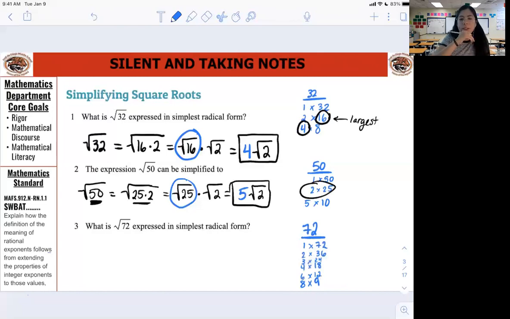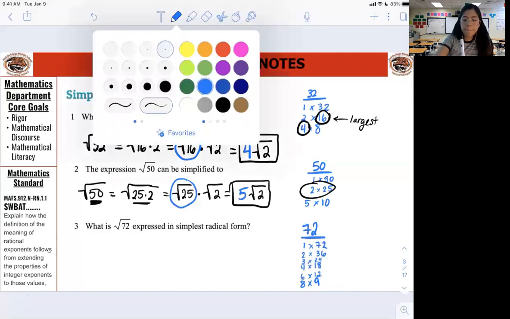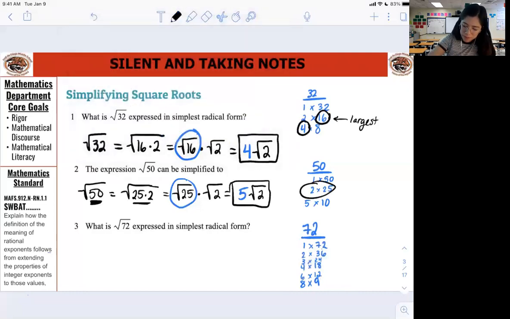Do I have any perfect squares in there? 36. There's a few actually, so what else? 9. And I see one more. 4.